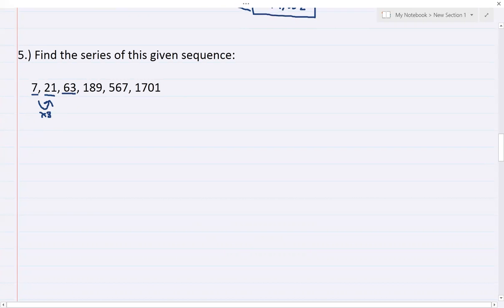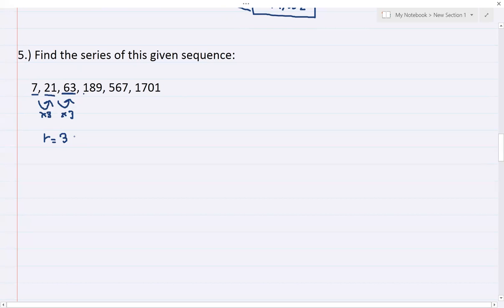So we have 63 here. How did we get 63 if we have 21? We simply multiply 21 by 3. 21 times 3 is 63. So therefore, if you want to get the next term, just multiply the previous term by 3. So as a result, this is a geometric sequence because there is a common ratio of 3.